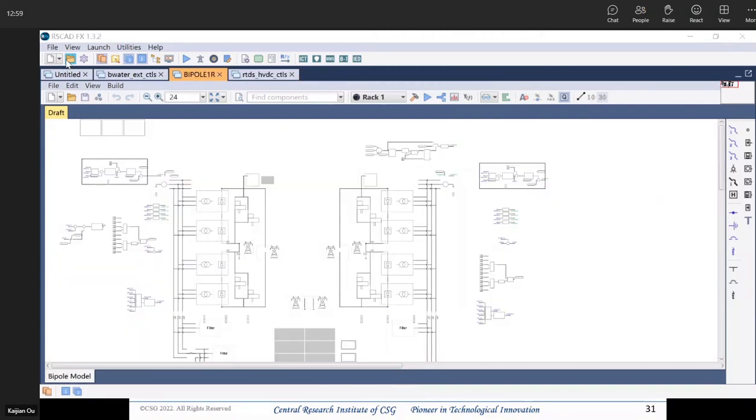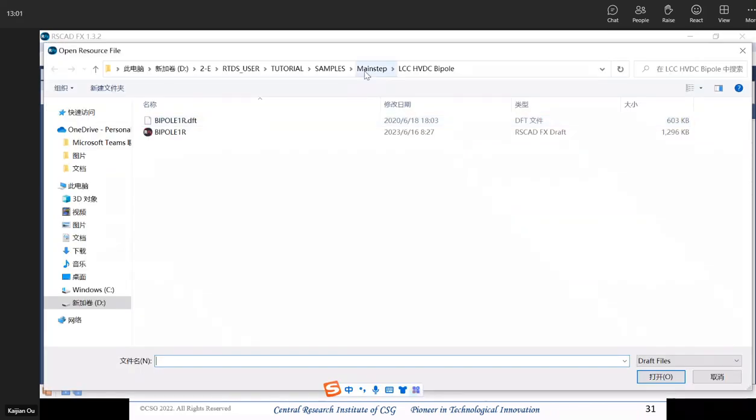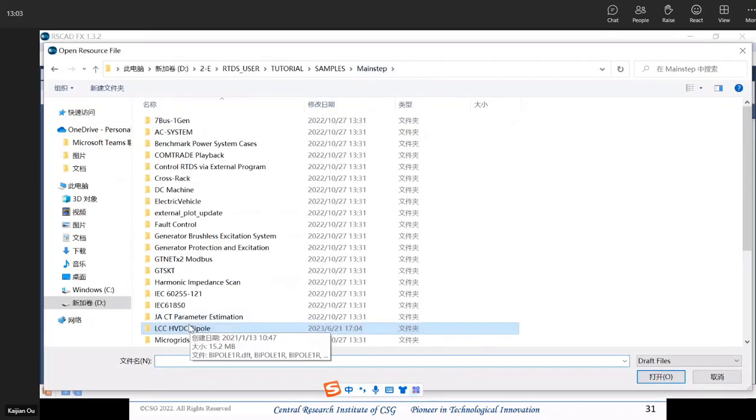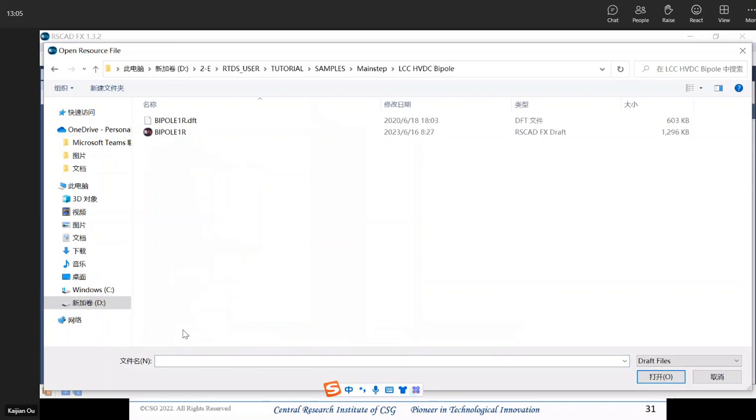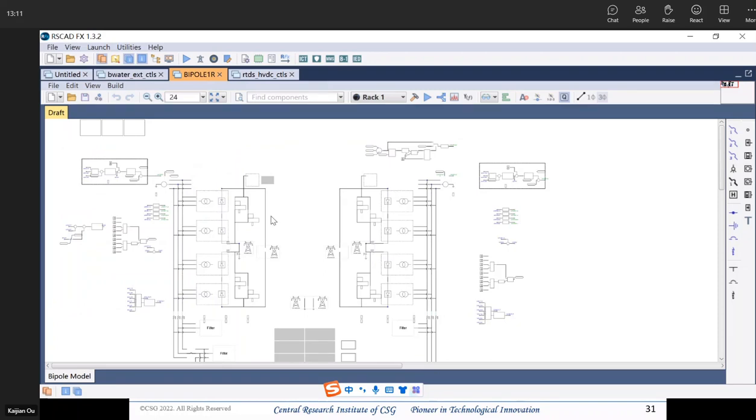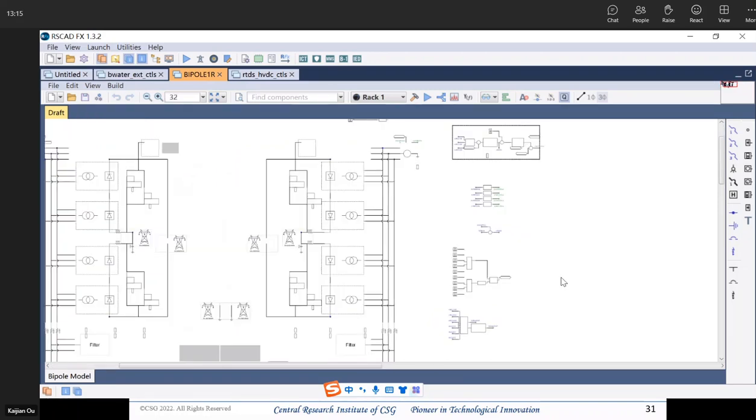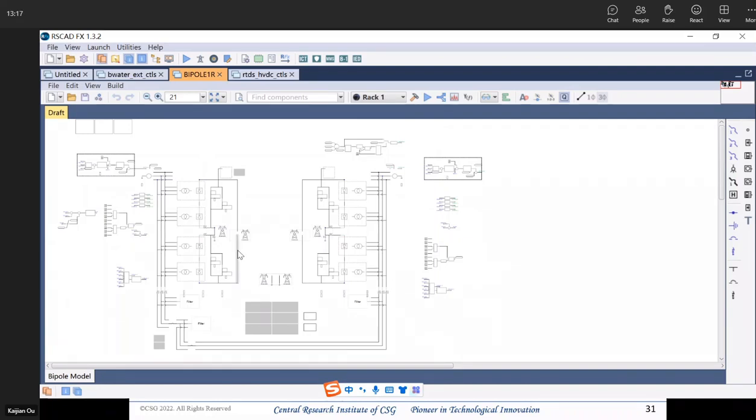This one is an LCC HVDC bipole. Just now I showed you a monopole. This is the bipole model here. We can see this is a bipole model.